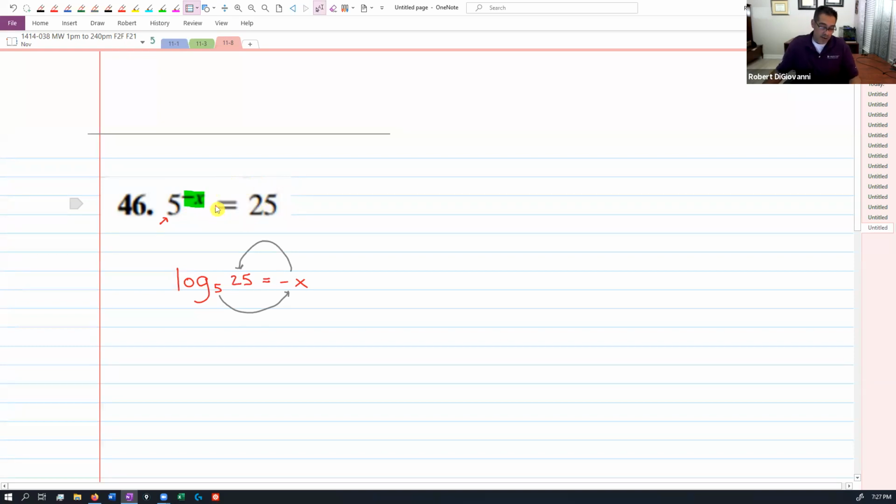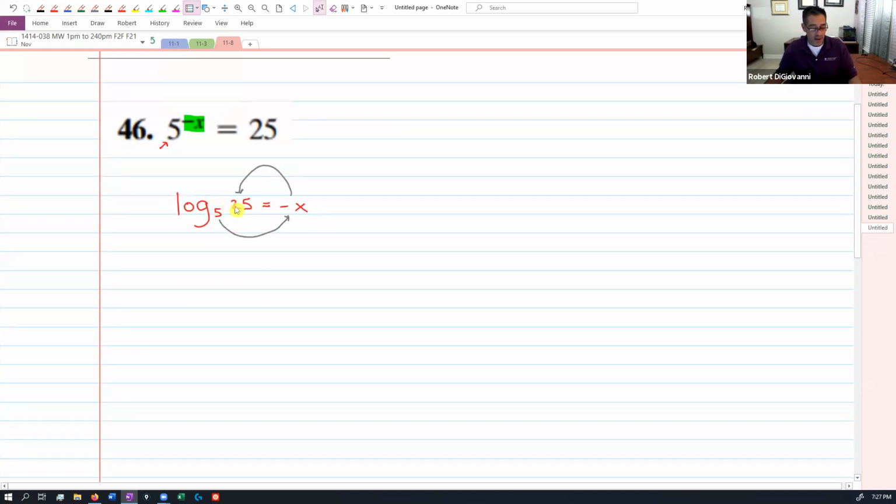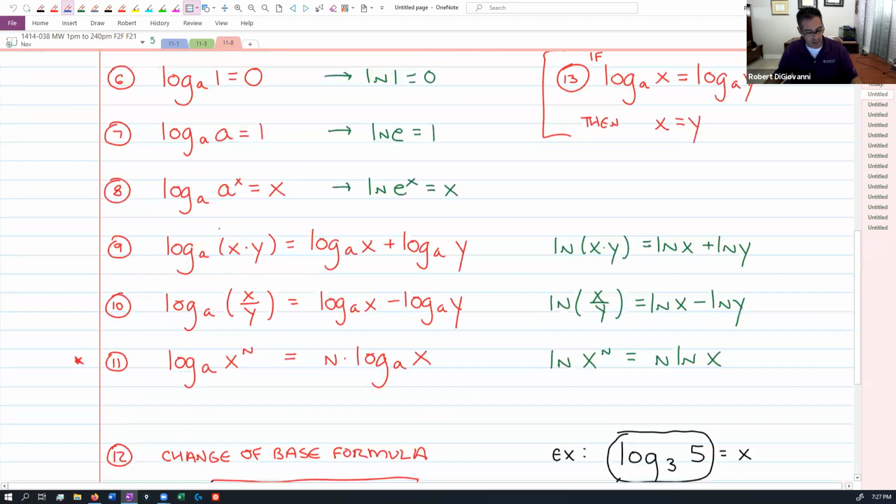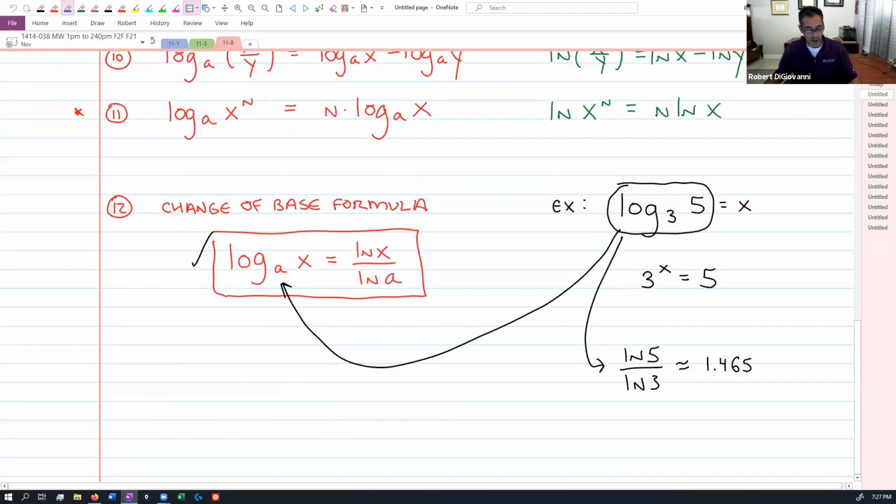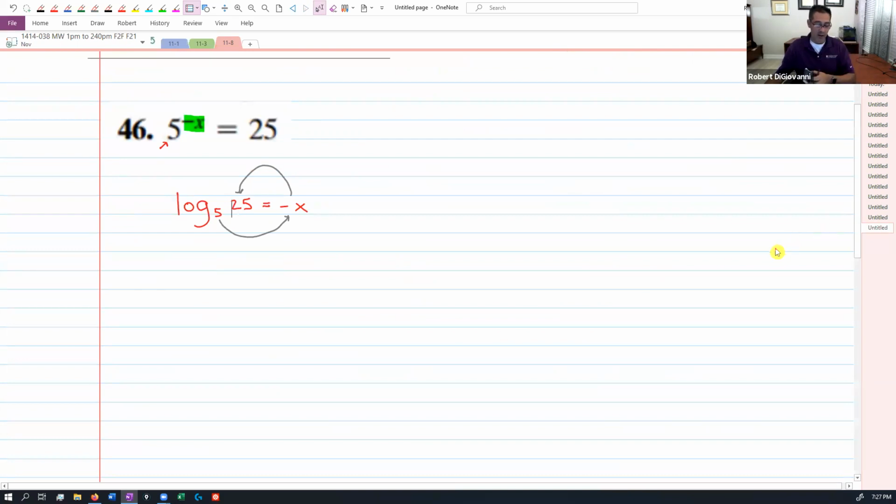Okay, that's it. Now let's figure out the left side of the equation. Well, the left side of the equation, we can use the property from class here, this very, very important change of base formula. We talked about this. It says if we have log of any base of anything, we can use this to figure out the log, so we only need one key on our calculator.